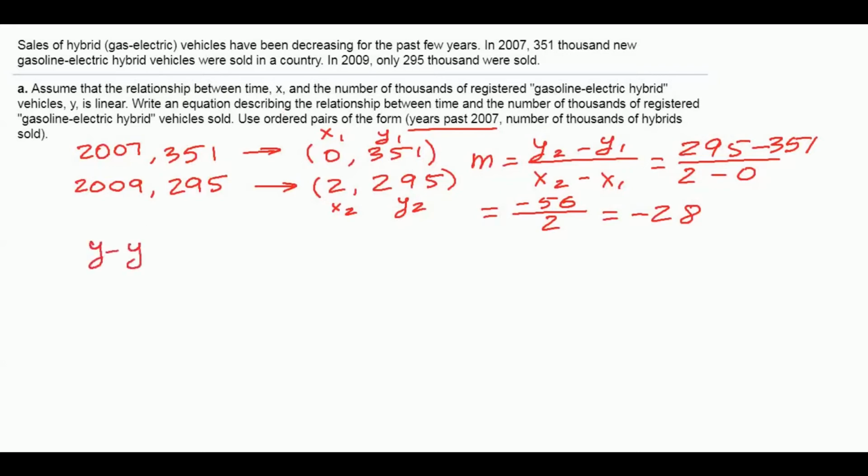Y minus y1 equals m times x minus x1. Y is y, y1 is 351, equals m is the slope we just calculated, negative 28, times x is x, minus x1 is 0.